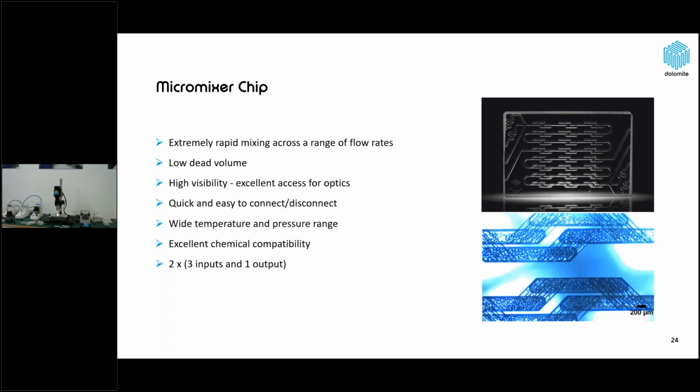So the two streams of reagent can be mixed at very high speed, around 16 ml per minute. So it means the production rate is very high when you use it.